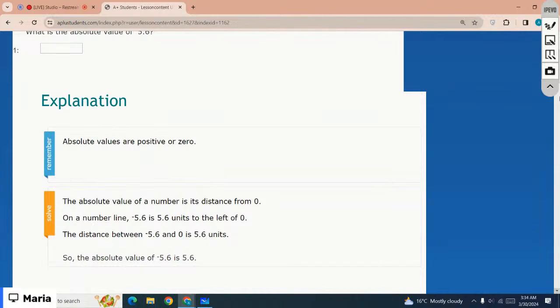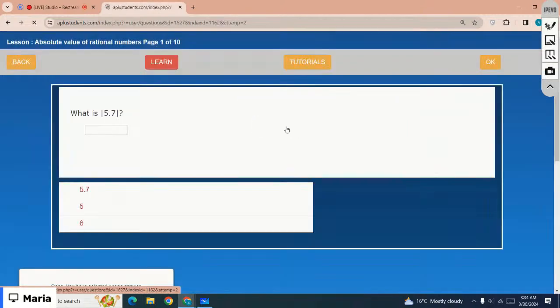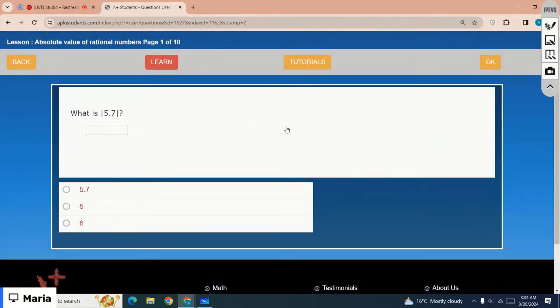Let's just start with the test questions. What is the absolute value of 5.7?